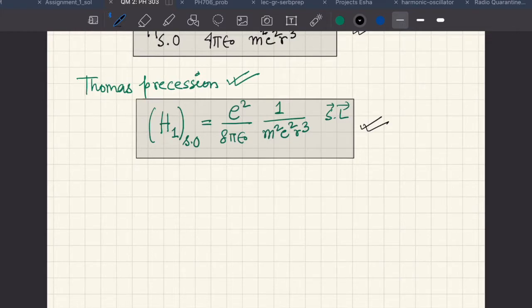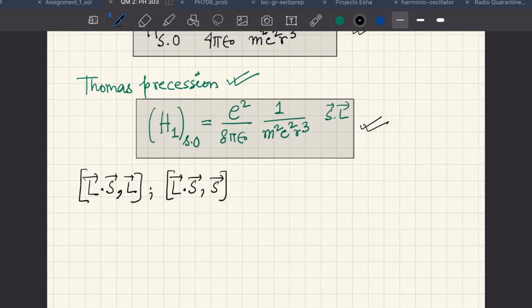In fact, you can calculate L dot S with L, and L dot S with S, and explicitly check that they do not commute. So this again is a homework. Please calculate this.